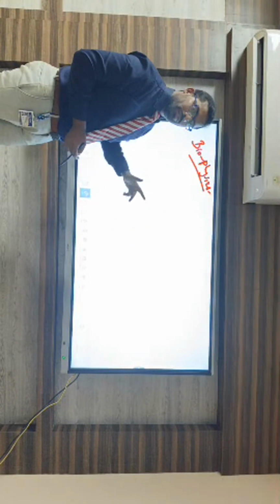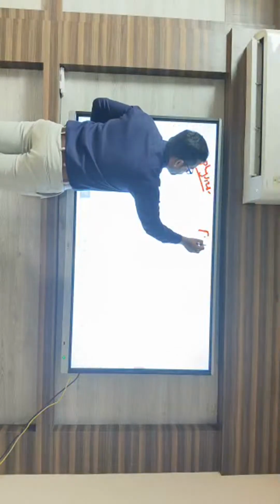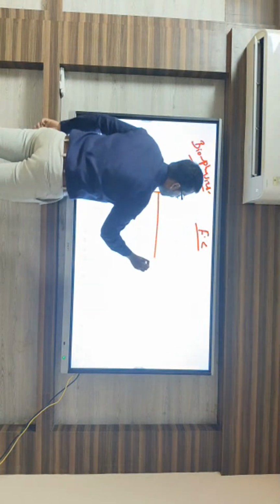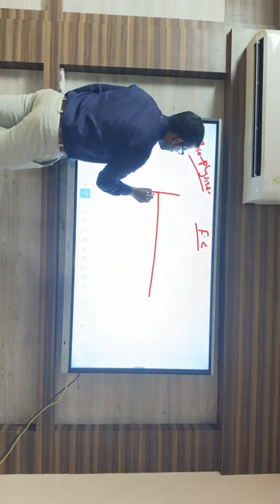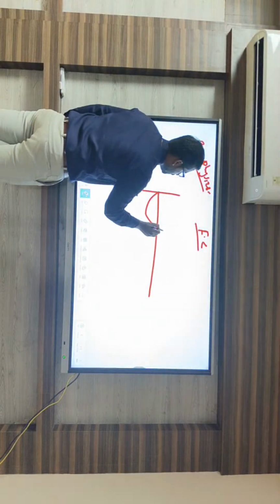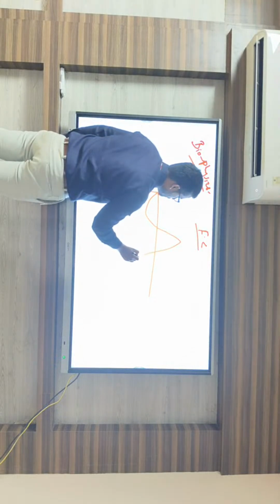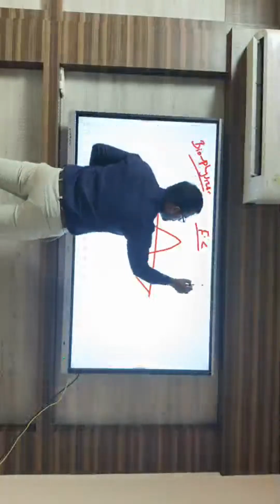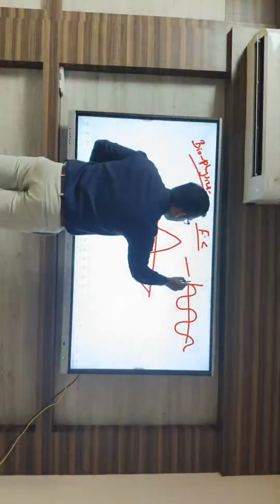So what is the biophysics of Faradic current? Based on the schematic picture, we're going to look at the picture. Okay, so this is the common picture for Faradic current, and this is the biophysics of the Faradic current. So what are the differences between those two?